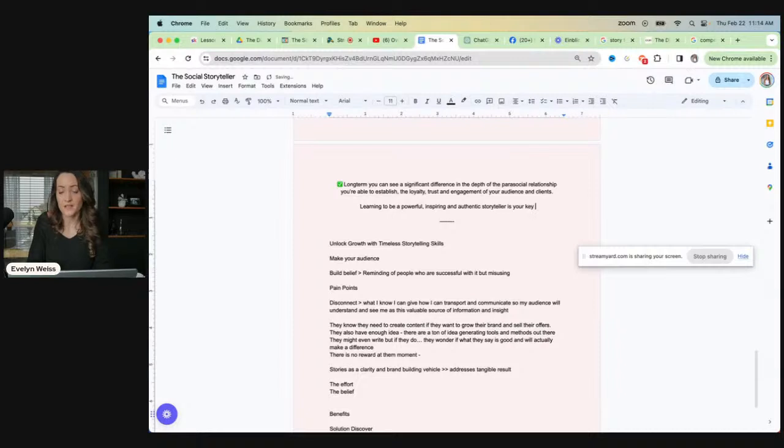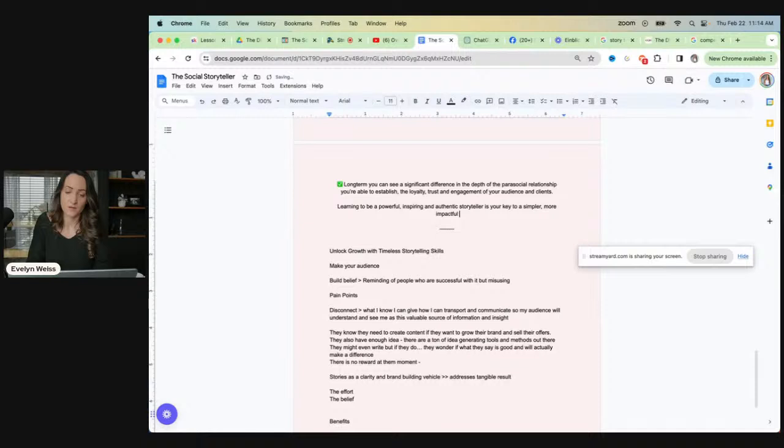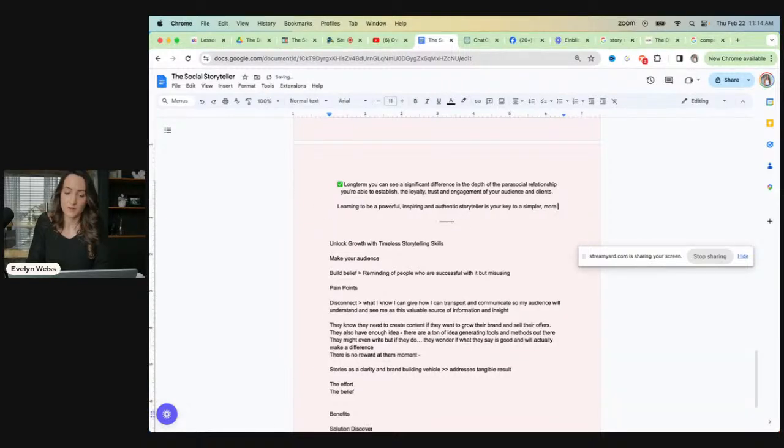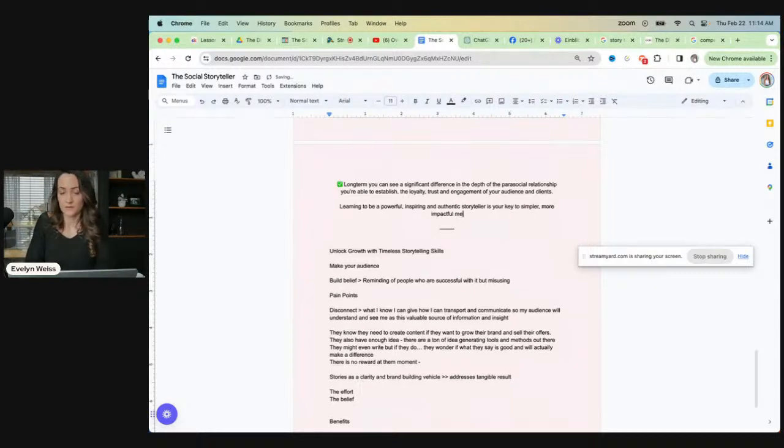Is your key to simpler, more impactful messaging and content creation.